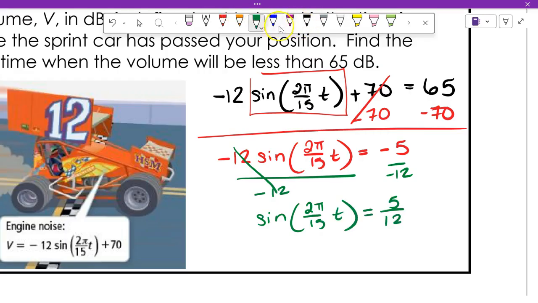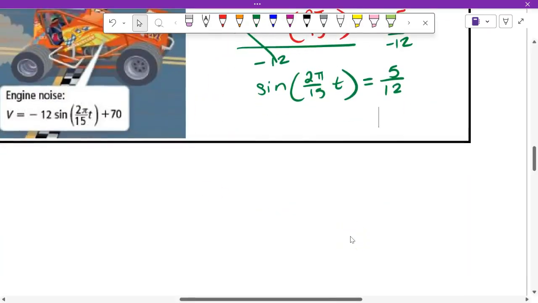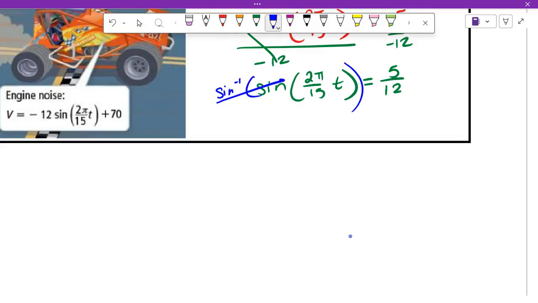Now, at this point in time, just like we did the inverse last time, we're going to do inverse here as well, except here it's not on my unit circle. If I do inverse sine here, it gets rid of sine here, and I have 2 pi over 15t is equal to inverse sine of 5 over 12.